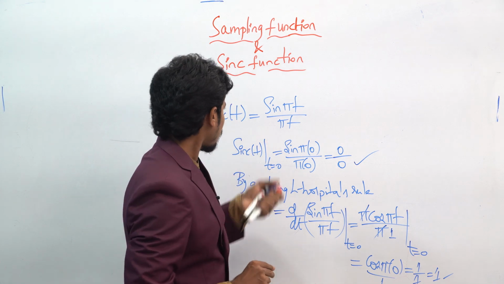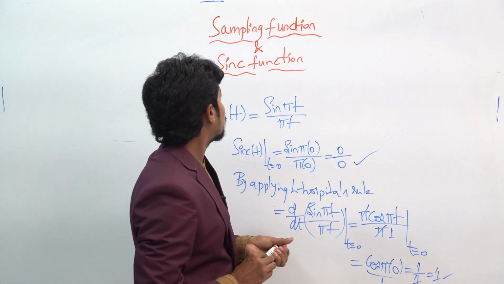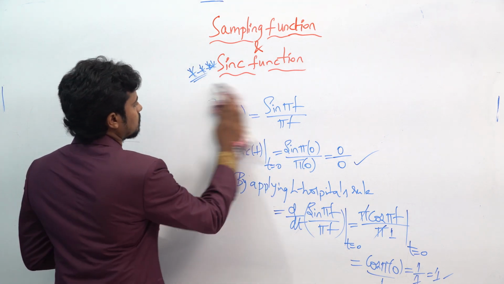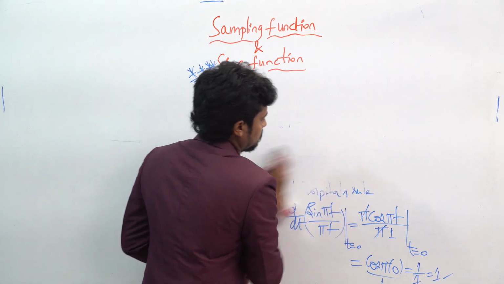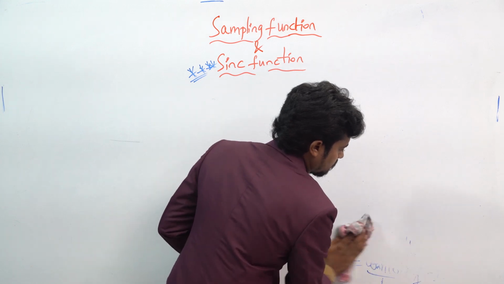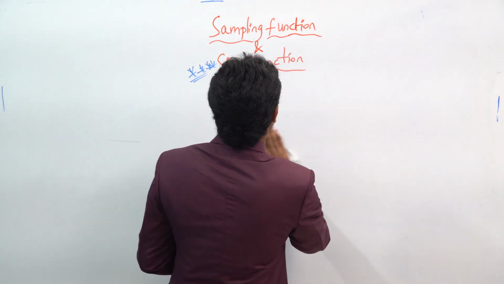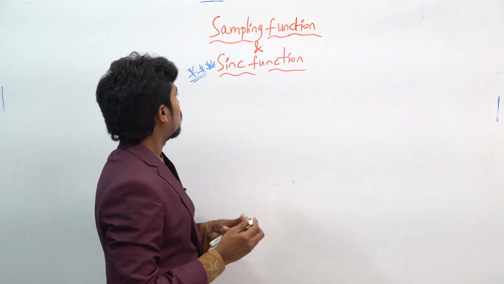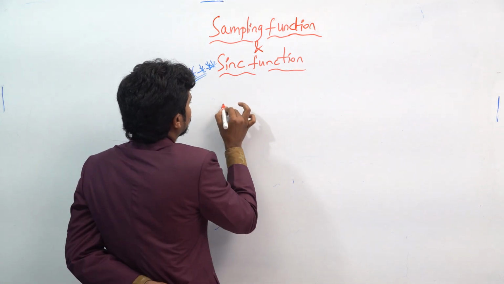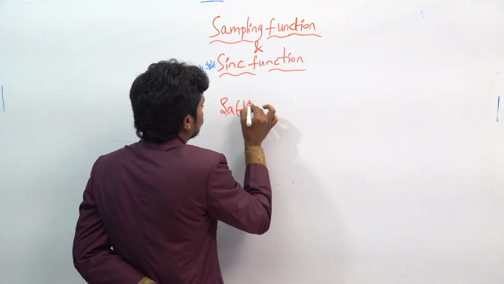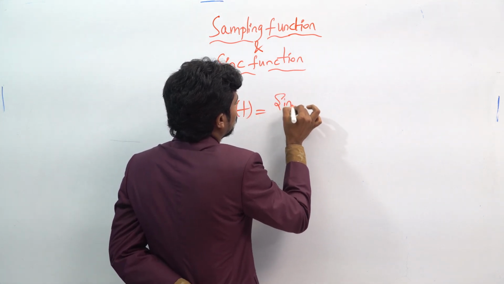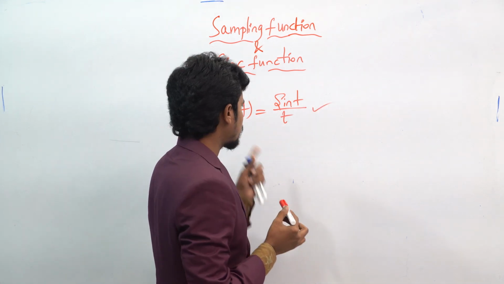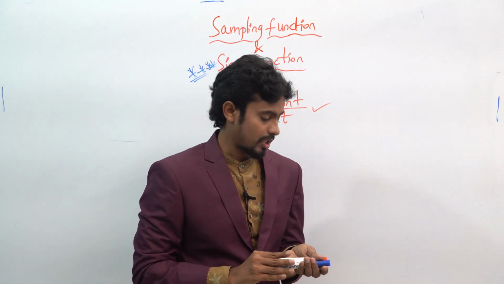Let's see what will happen for the sampling function. The sampling function can be represented as SA of t, equal to sin t divided by t. This was the representation for the sampling function.